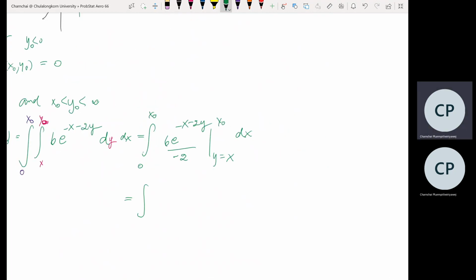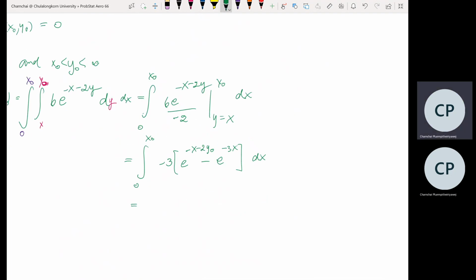And what's next? Negative 3, right? Negative 3 e to the negative x minus 2y naught minus e to the negative 3x, dx from 0 to x naught.